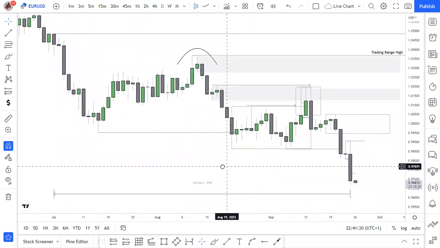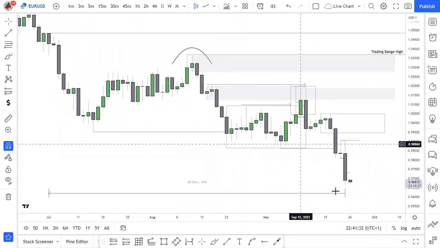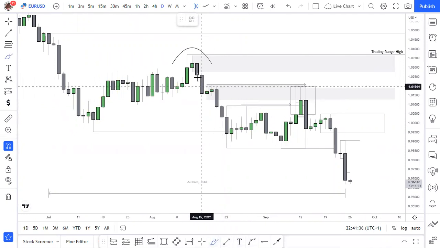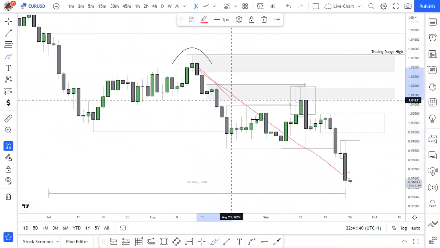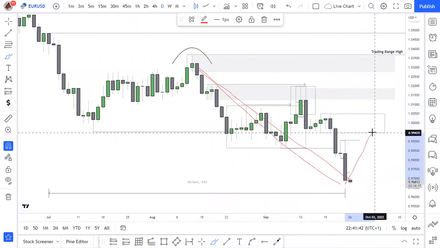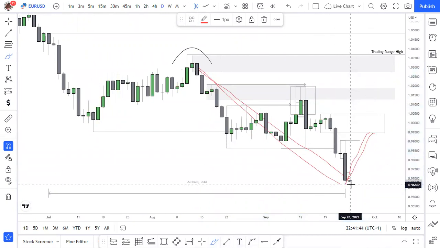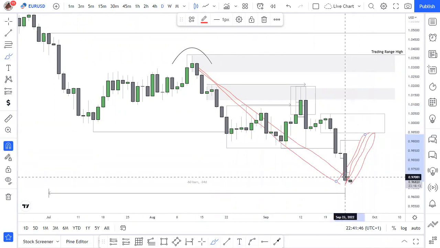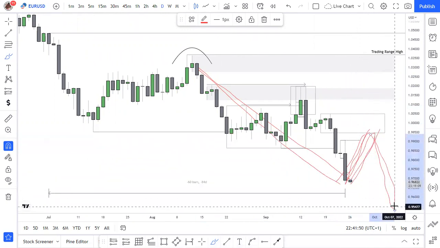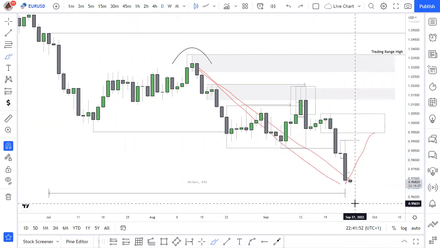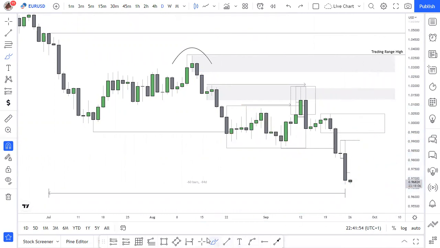So now we know that the market is in a push phase. It's just the same as dollar index. So we are in a push phase, and we know that after a push phase, we'll get some kind of pullback. That's we enter that pullback phase, and then the market will continue the push phase. So there are some zones we can look out for.